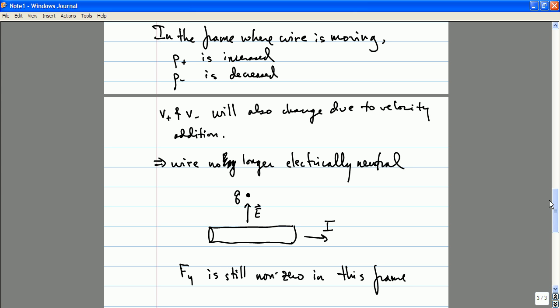So if you go back to the frame where the particle Q is moving with some velocity v, that means that the minus wire had to be contracted by some amount. So if you look at the density rho minus in the frame where it's uncontracted, and you compare it to the frame where it's contracted, then it will have to have decreased.